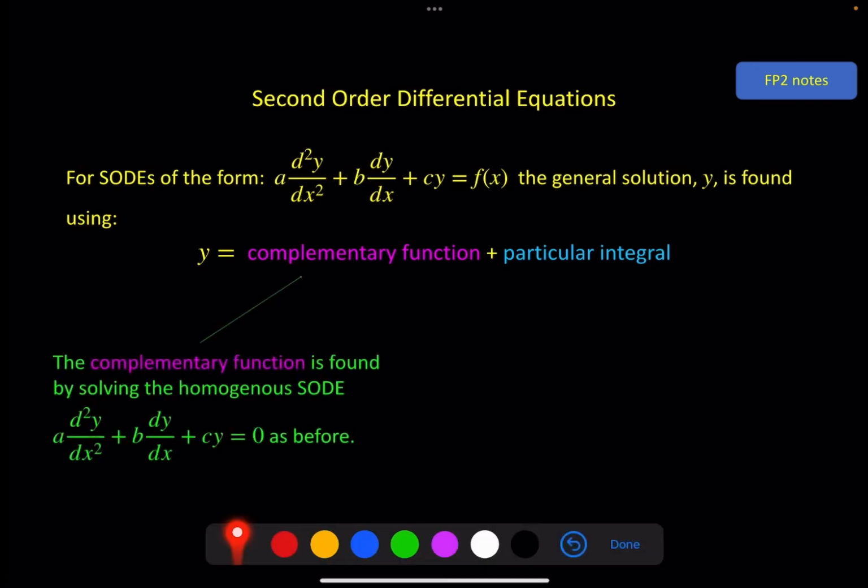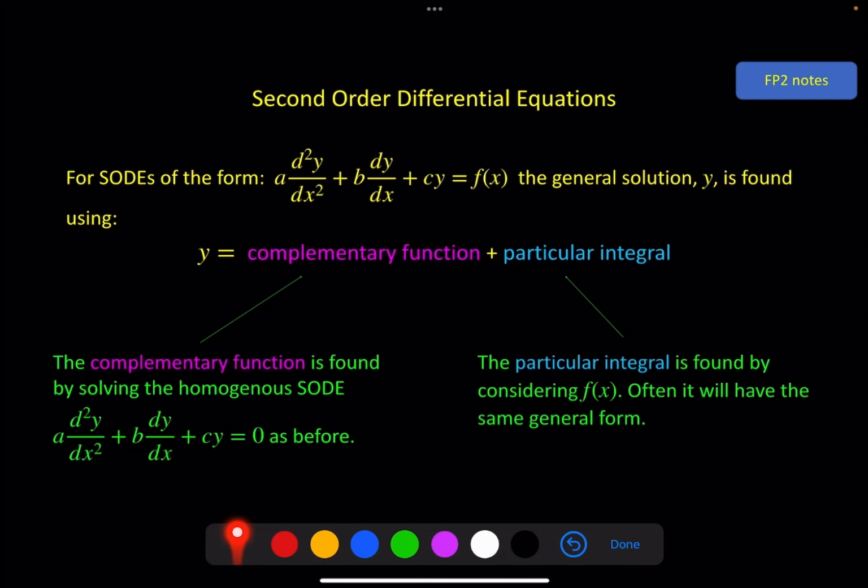So the complementary function comes from this as before. The particular integral is dependent upon what this function is, heavily dependent. It will often have the same general form. That's because as you have this part here, the complementary function, when you put this into this expression, you get 0.